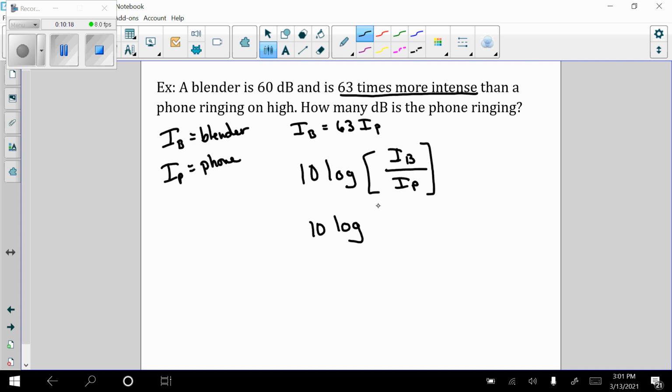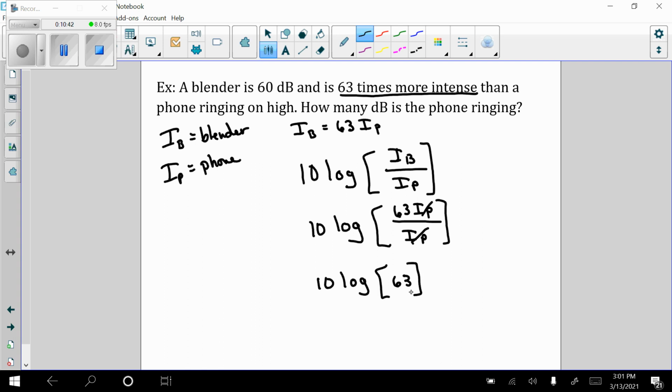If I do a substitution for the blender, I get 63 I sub P over I sub P. So now they're both in terms of the phone. So my I sub P's cancel, and I just have my 63 in here.